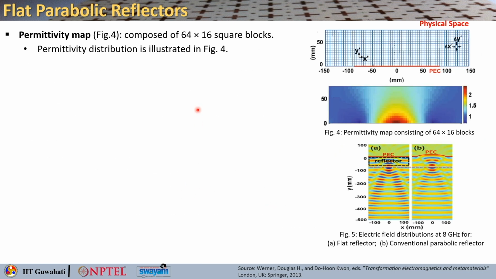Next you have to map the permittivity, which is shown here in figure 4, composed of 64 by 16 square blocks. You can see the permittivity distribution, and the color scale shows the values of the permittivity that have been obtained. This particular simplification has been applied to eliminate sub-unity permittivity values, which are very difficult to achieve.